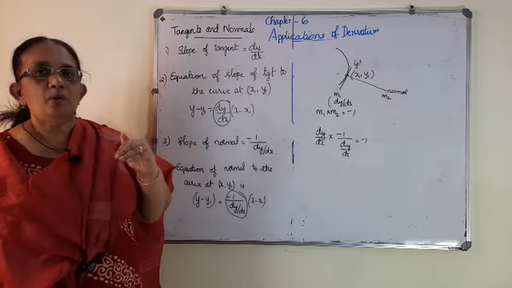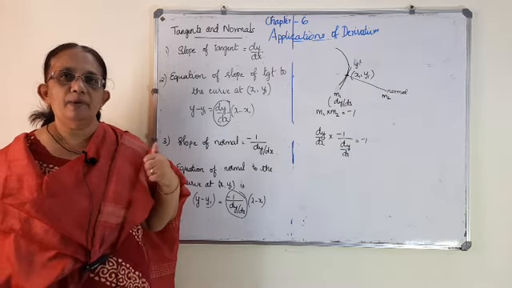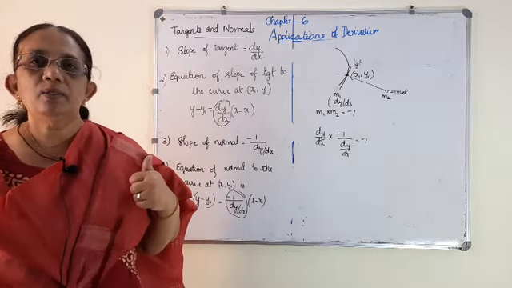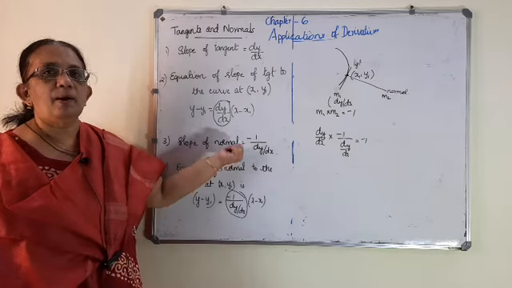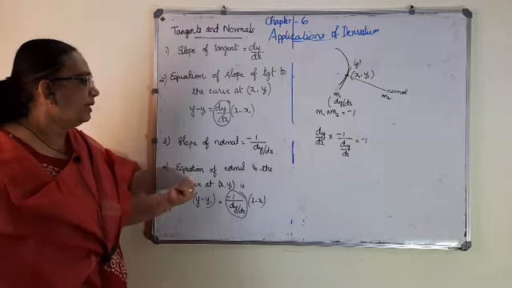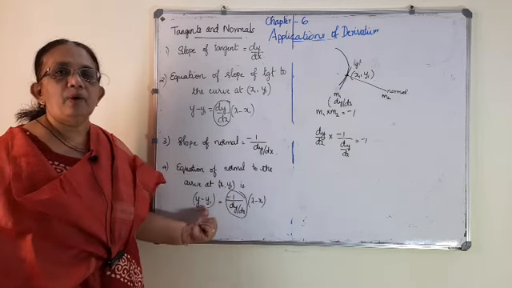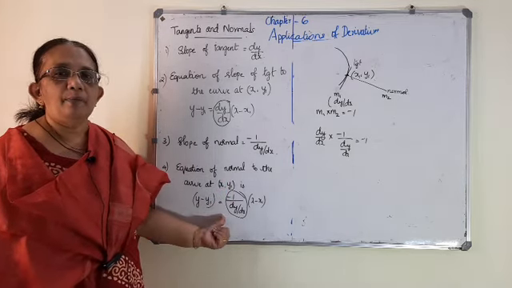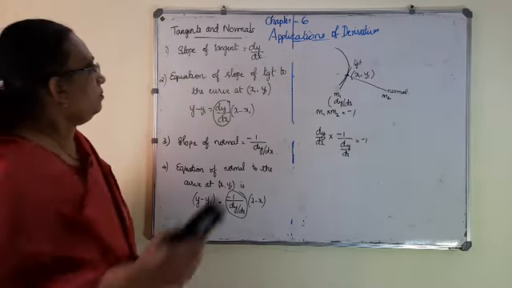And tangent and normal, they are perpendicular to each other. So if we know the slopes of tangent and normal, product of the slopes is equal to minus 1. So slope of the normal is equal to minus 1 by dy by dx, and equation of normal to the curve at the point x1 y1 is y minus y1 is equal to minus 1 by dy by dx into x minus x1.